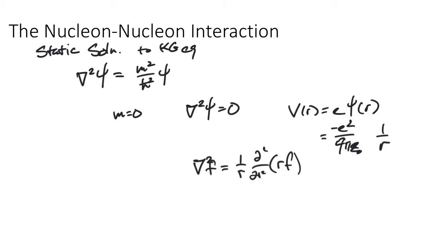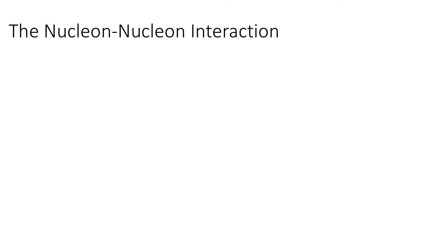Okay, so what about the case with a massive boson? Well, it turns out that we can write a different equation then. So again, I'm going to rewrite some of that. We're looking for del squared psi is m squared over h bar squared psi, where m does not equal 0 in this case.